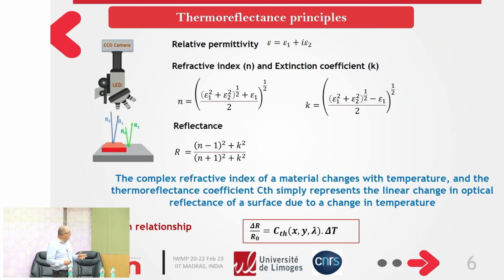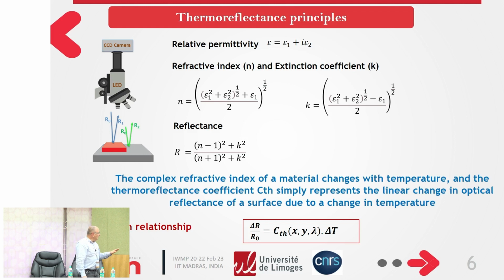So just to give you some principles of the thermoreflectance. In a material, you have a permittivity. With this permittivity, you can define a refractive index and the extinction index. And directly from these, you can define the reflectance, which is the variation of the intensity between the input light and the output light. This reflectance depends on the temperature of the surface that receives the light.